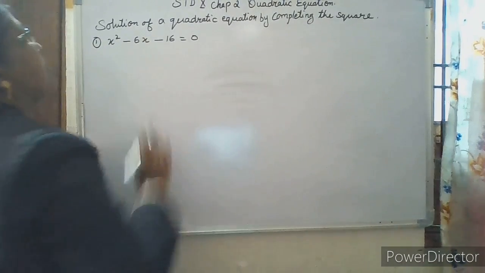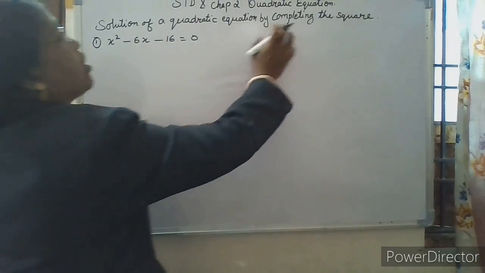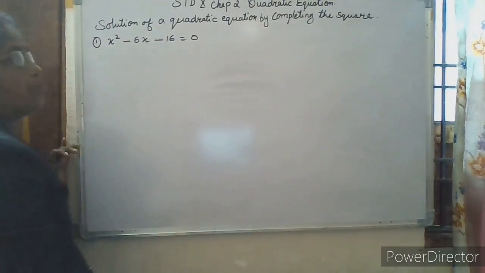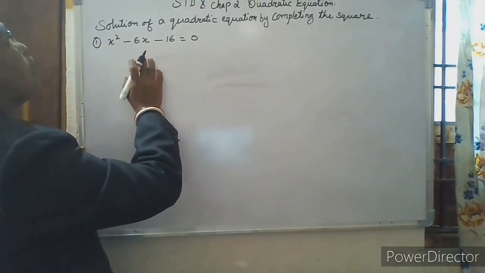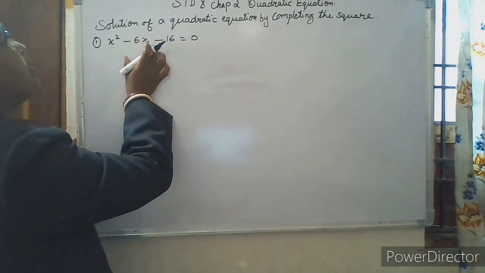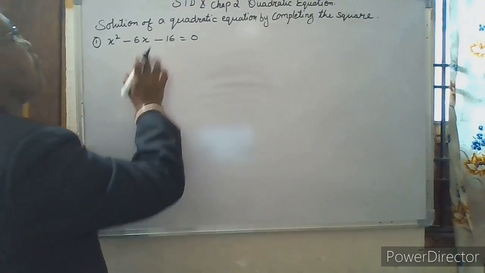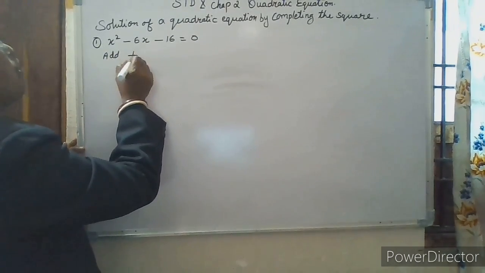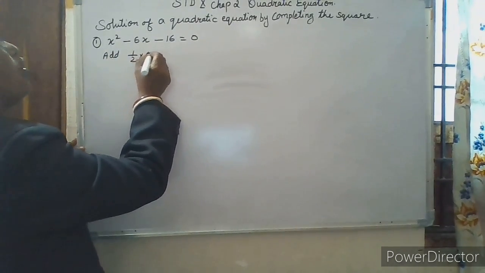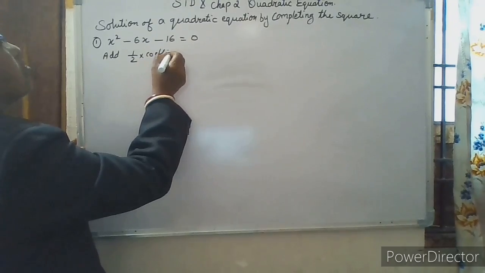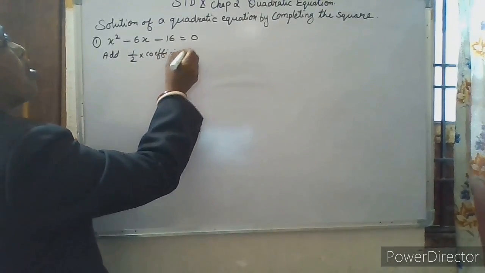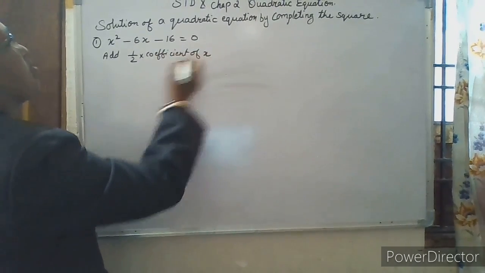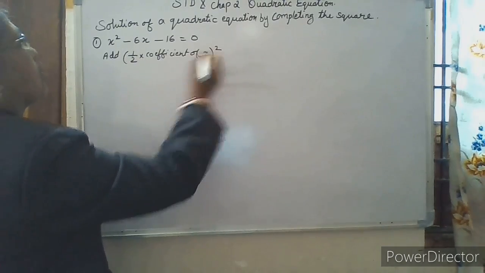Now we can try to do this by the completing the square method. In this method, we have to add one term after the second term: half into the coefficient of x, the whole square.